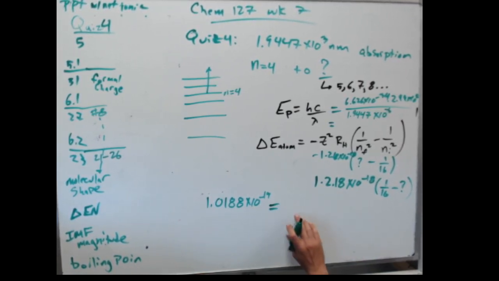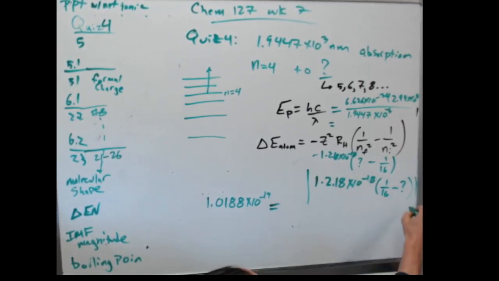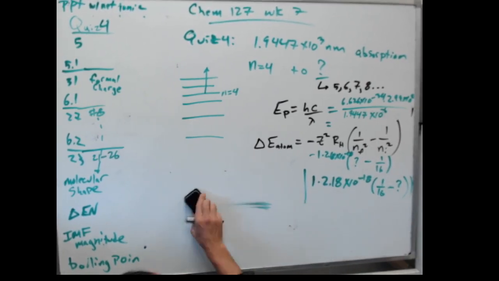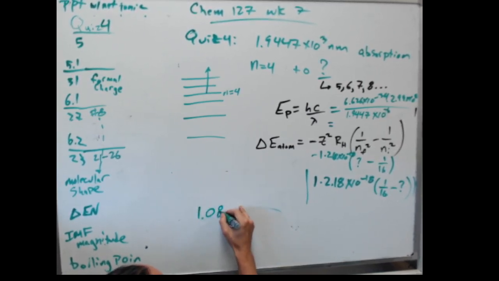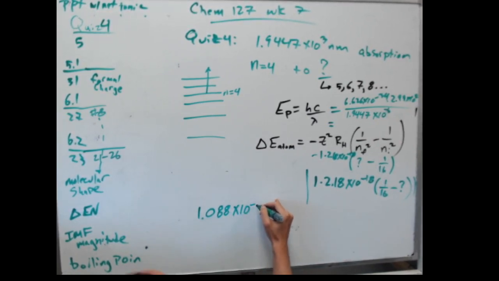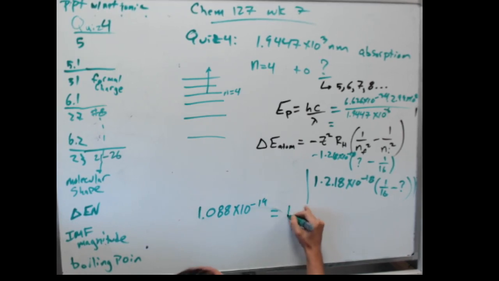So now that I've got rid of that, the absolute value of this thing, since I've already guaranteed that it's positive, is also going to be positive. So, I just erased my number. What number did I have written there? It was 1.088 times 10 to the minus 19. Okay, good. Is equal to 1.